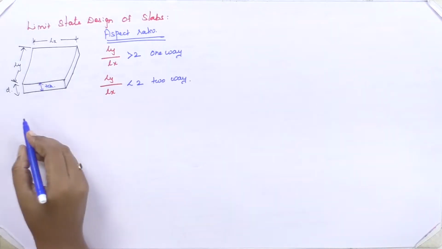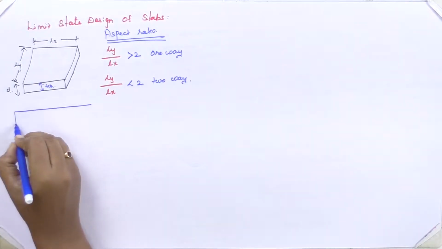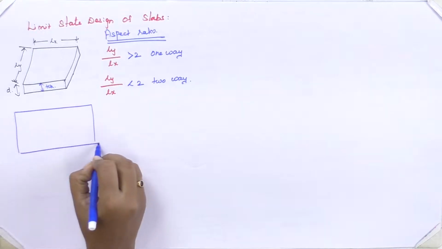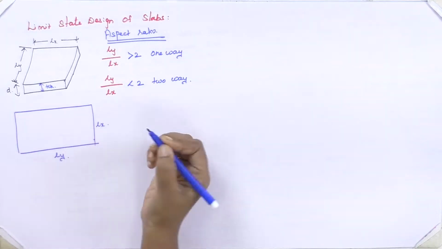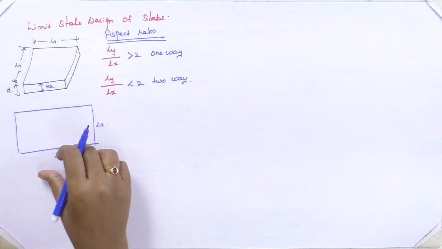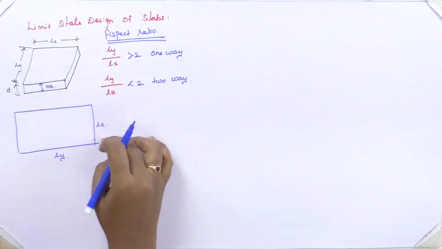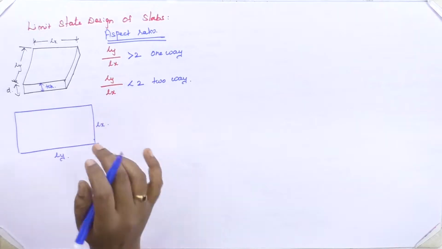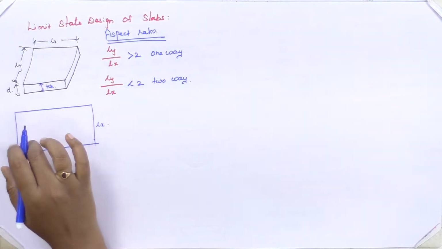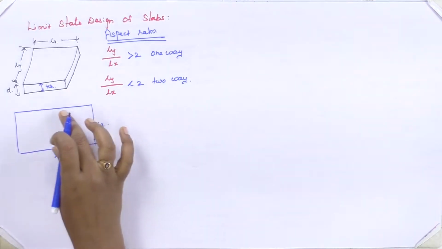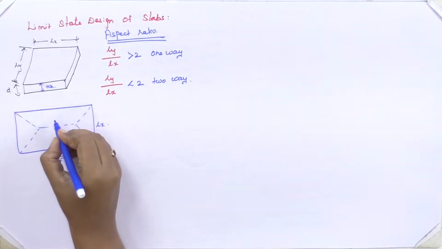Let me come to the picture. I am having a slab, this is Ly, this is Lx. The longer length you need to take as Ly, the shorter one as Lx.